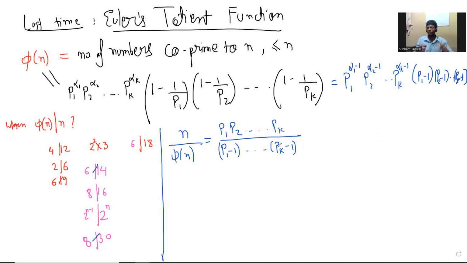So you see what is happening, right? Let's just assume that there are 3 prime factors. Let's for a moment simplify it, or even take that there are 2 prime factors and try to see. See this p1 minus 1 guy. This has to divide the numerator.